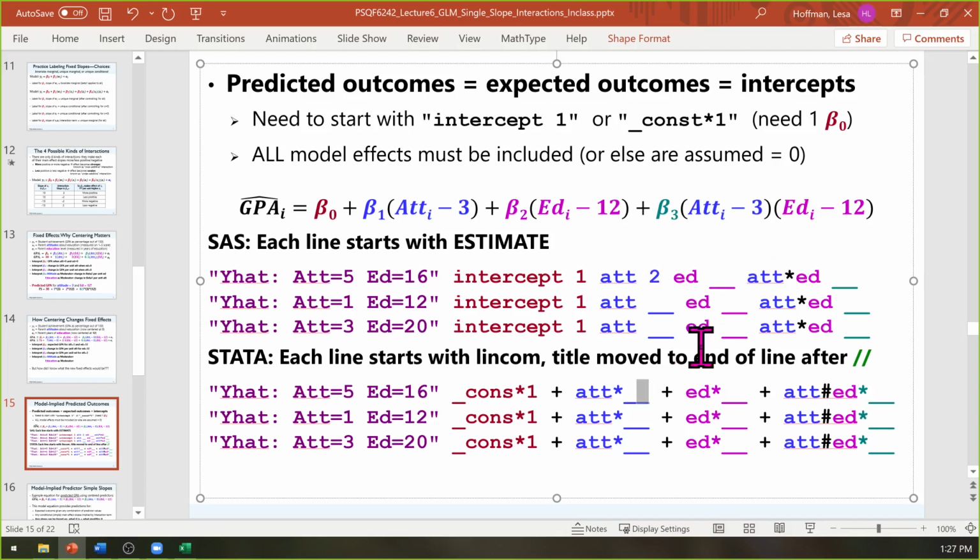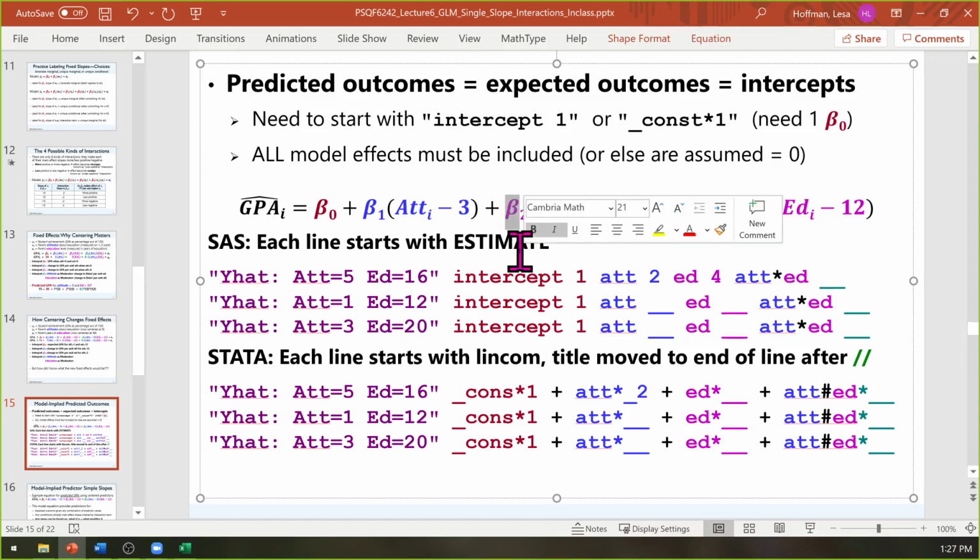Do the same thing down here. If I want a predicted value for somebody who has 16 years of education, let's call that a bachelor's degree, what goes here? 4. Very good. So ed refers to what beta 2 is going to be. The value refers to what goes in parentheses as the multiplier.